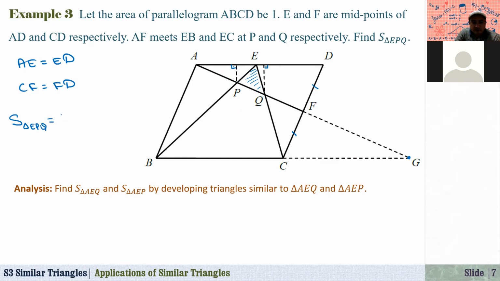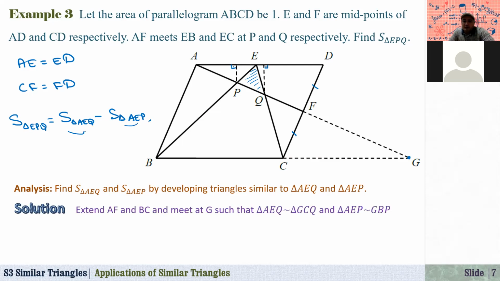So the area of triangle EPQ is equal to the area of triangle AEQ minus the area of triangle AEP. If I know these two areas, we can find the area. After drawing this, we have the height from P to AE and from Q to ED, and I'm also producing the line AF and BC so that they meet each other at G.